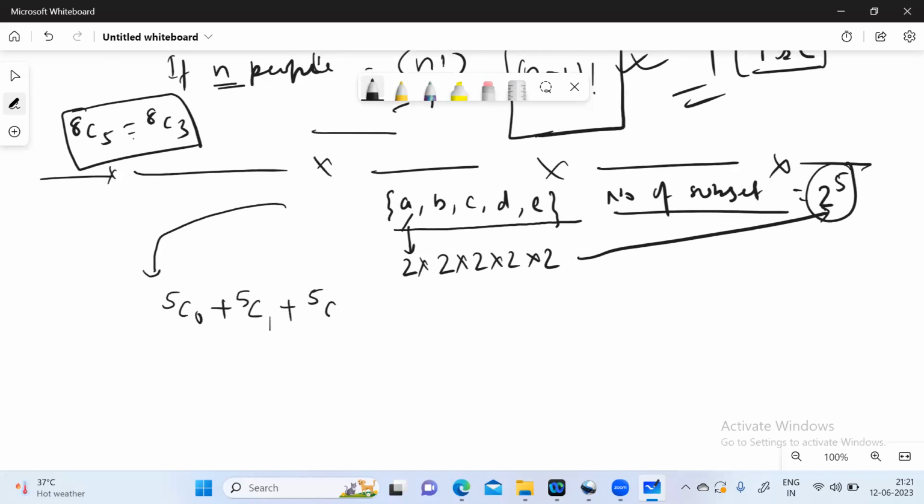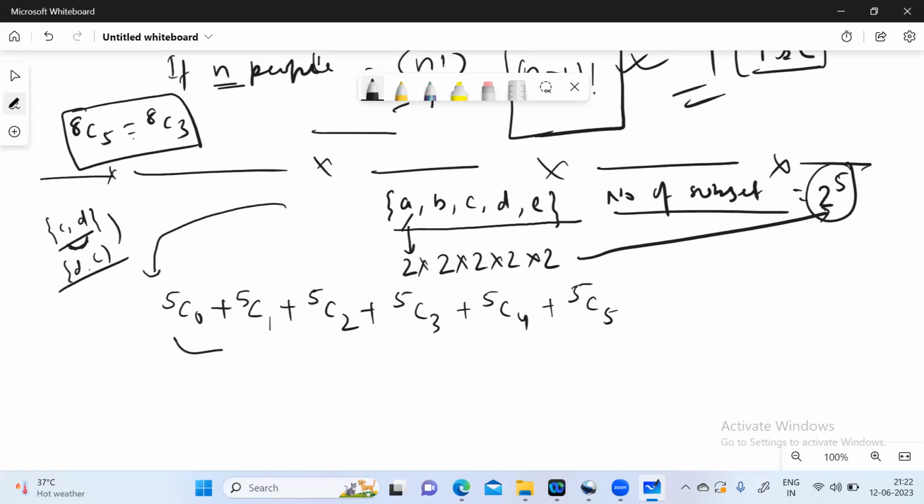And the number of subsets with two elements will be 5C2, because for a subset, if a subset is CD, there is no need of ordering. Either DC or CD, it will be the same. So that's why I'm using C here. Then we find the number of groups that can be created with 3 elements, then 4 elements, then 5 elements.